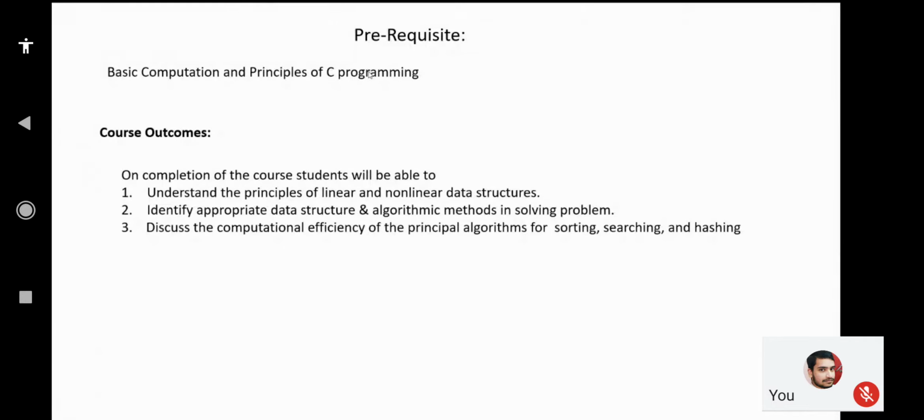Next, prerequisite. For understanding or implementing the problems, you have to have a very good idea about basic computation and principles of C programming. Already I have said you must write functions, you must write programs on arrays as well as pointers and structures.